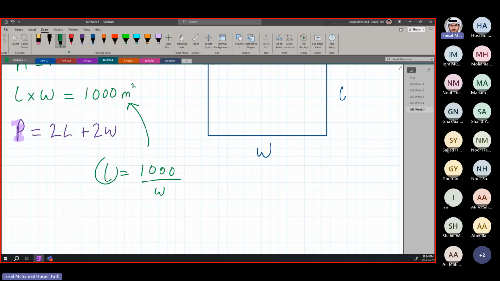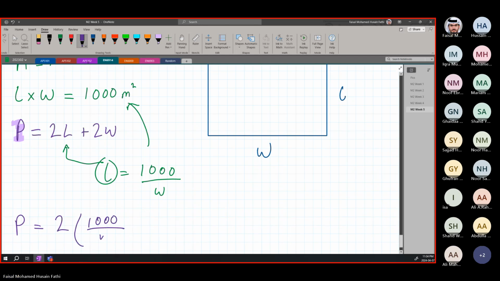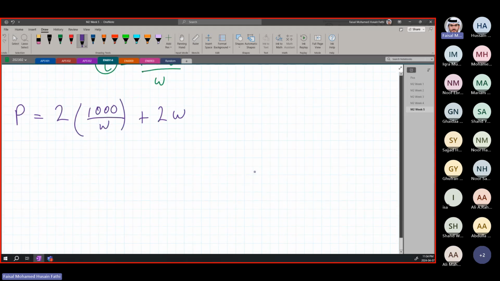Now we can substitute this L inside of here. So P is equal to 2 times L, which is 1000 over W, plus 2W. All right. Now we can find dP by dW to be equal to 0.